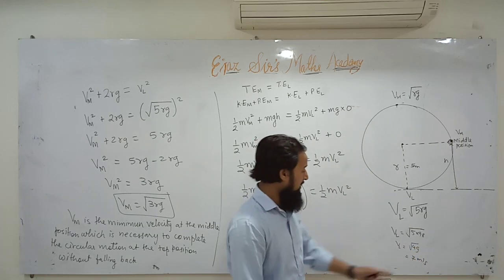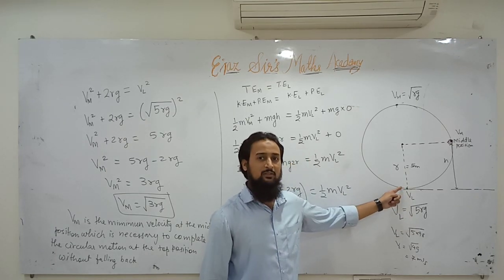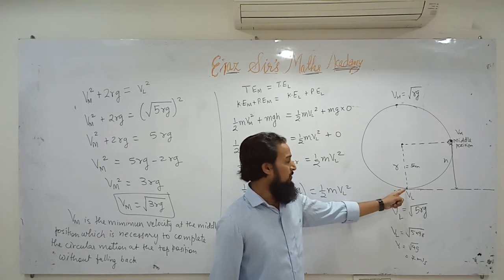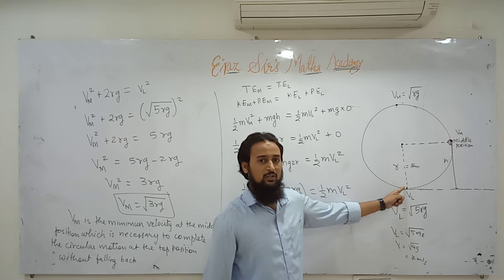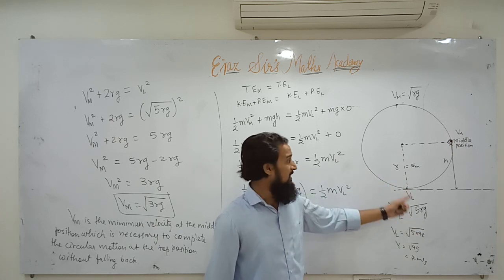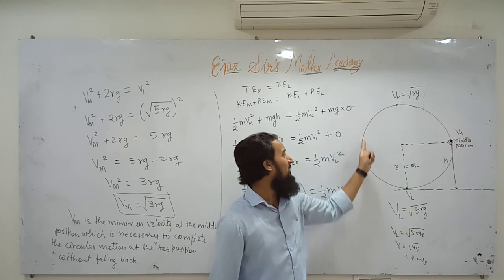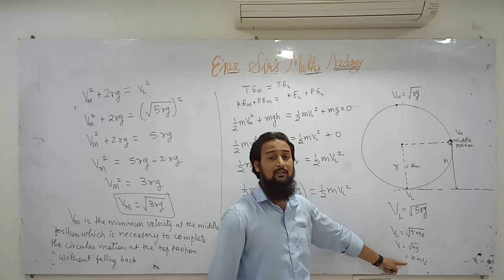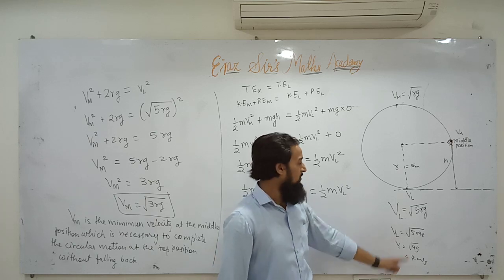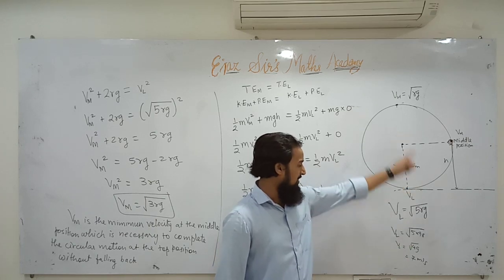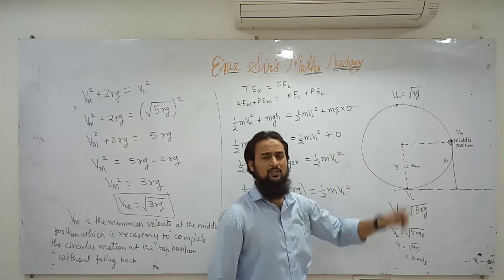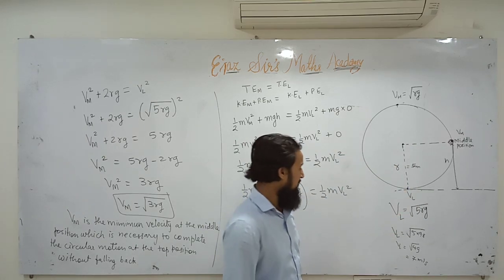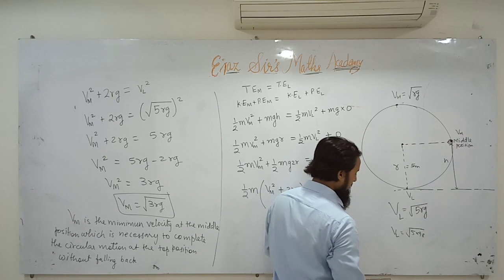So if the person's velocity at the lowest point is less than 7 meters per second, if a person is running here, I will tell in advance that the person will never be able to go up and complete the circle. And if the velocity is more than 7 meters per second, I will say the person will definitely complete the circle. Understood?